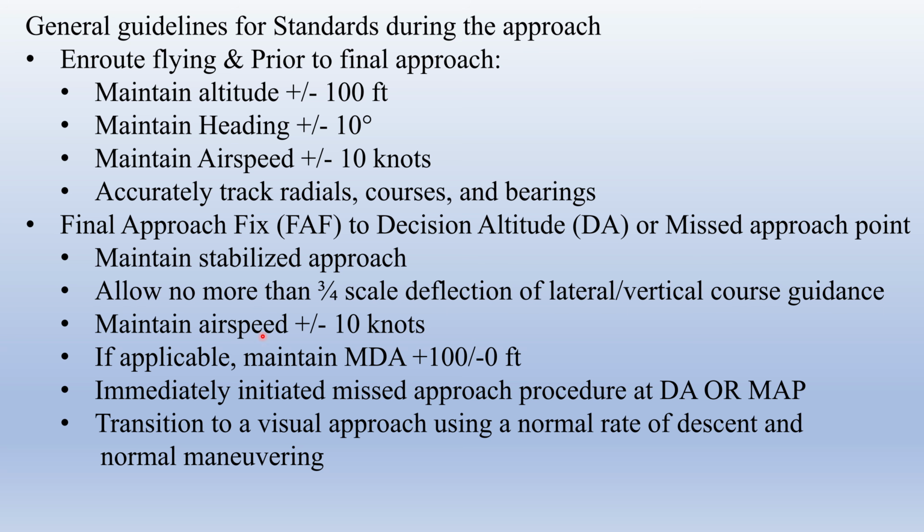If you decide to do a dive and drive type descent, they want to see you maintain the MDA plus 100 feet and minus 0 feet, meaning you cannot go even 1 foot underneath the MDA. Immediately initiate the missed approach if you arrive at the decision altitude or the missed approach point. And then if they tell you that you have the runway in sight, transition to a visual approach using a normal rate of descent and normal maneuvering.